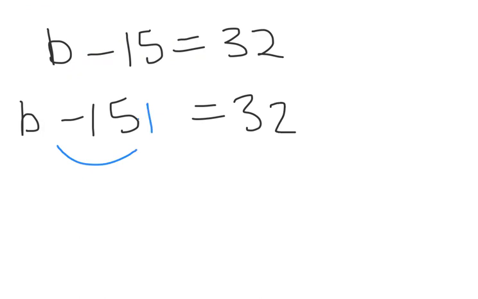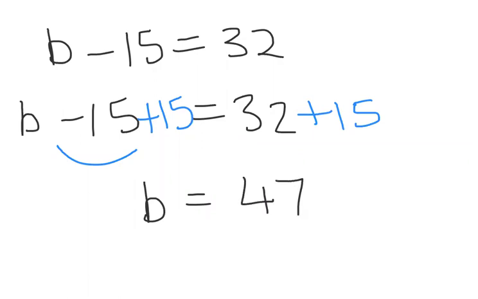So now we add a 15. But if we do it on the left, we must add the 15 on the right as well. So on the left, we're only going to have b. And on the right, we're going to have 47. Because 32 plus 15, that is 47. All right, so that's just the basics.